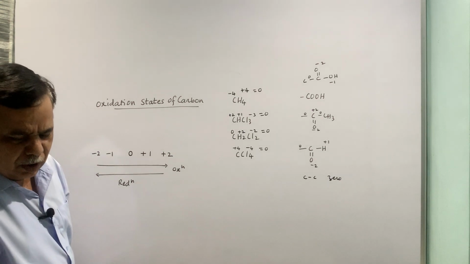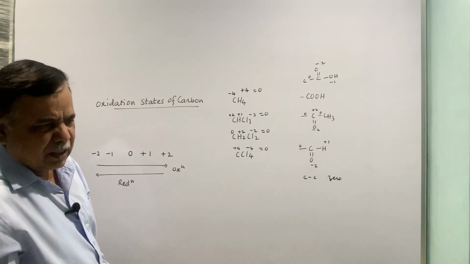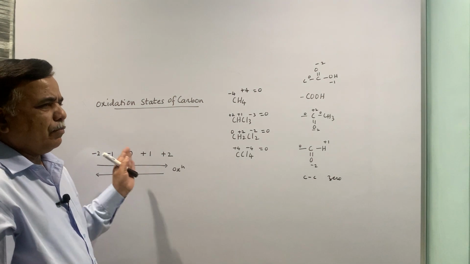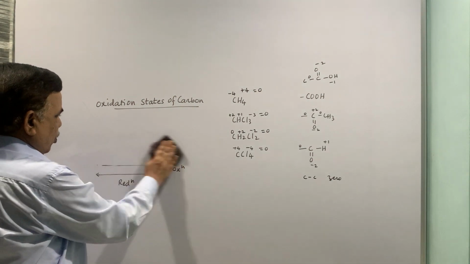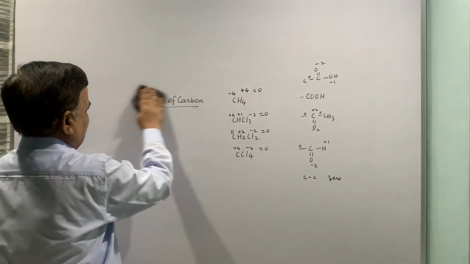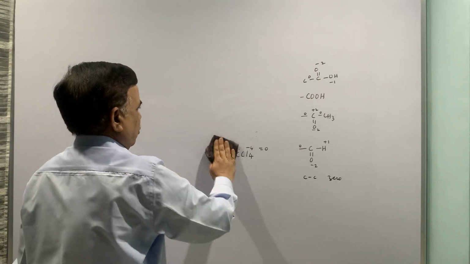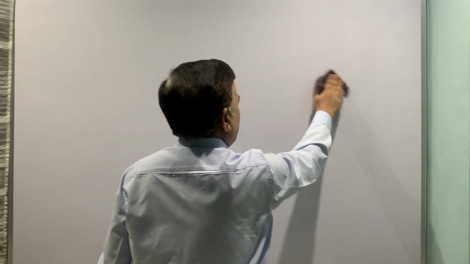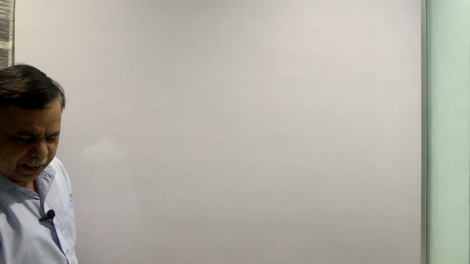And as you know, hydrocarbons, alcohols, aldehydes, ketones, acids, esters, that is how we go in the more oxidation states of carbon. So acidic carbon is more oxidized than ketone, ketone is more oxidized than aldehyde, aldehyde is more oxidized than alcohol, and so on.